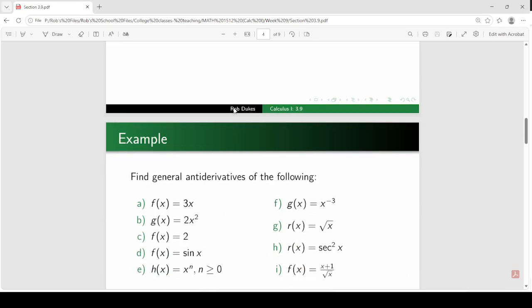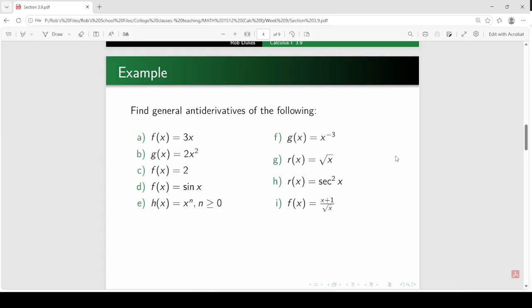Let's do some examples. Let's find some general antiderivatives of all of these. I might recommend you go ahead and pause and try these on your own, and then I can show you the solutions.